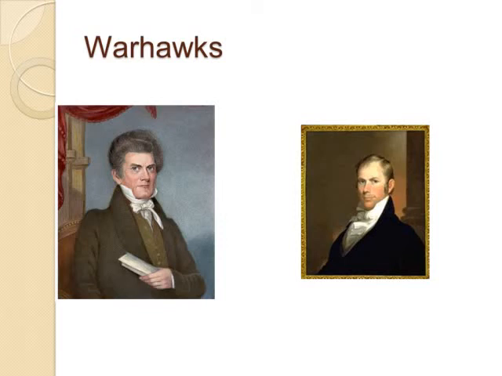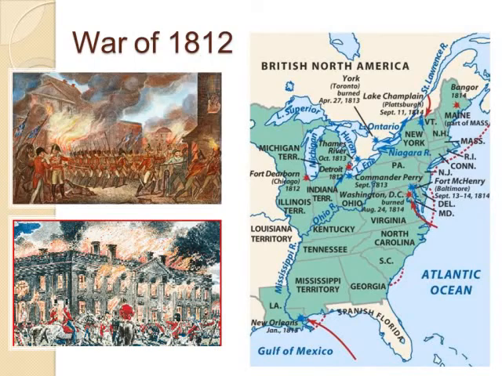How dare they? The British are attacking our ships. We should go to war with all of them: Canada, Spain, the Native Americans, the British. And they wanted this because they heard their fathers telling the stories of the American Revolution. They wanted their own war, so they pushed for war.